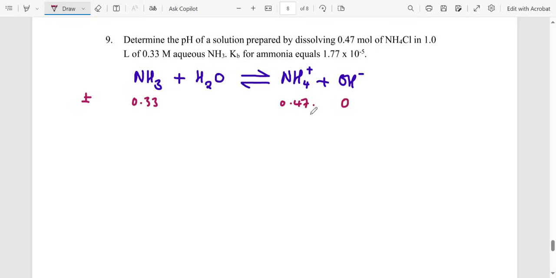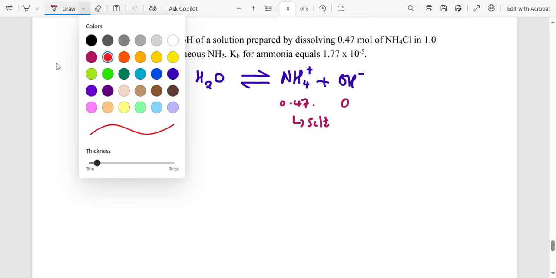Ammonium chloride is the one that gives us ammonium ions, and that's 0.47. And we also know the Kb. Because we know ammonia is the base and ammonium is the salt, we can go direct and determine the pH. We already know these quantities.